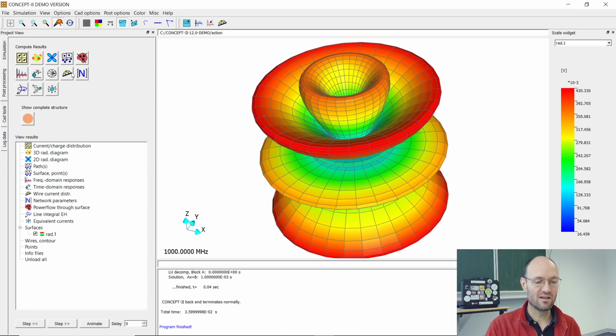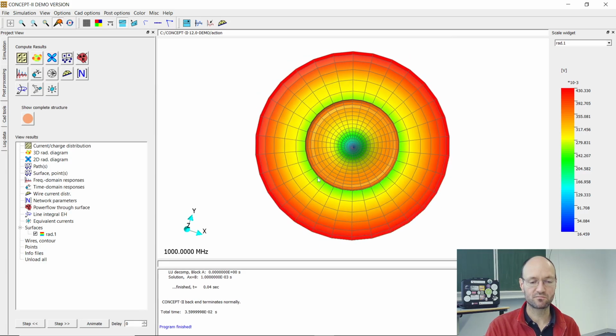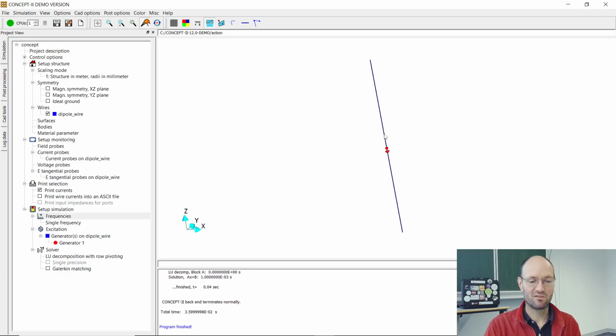The next thing that I would like to change, so if I rotate this and look at this from the top, then of course everything always looks like a circle. Why does it look like a circle? Because of symmetry, because it's just one wire.